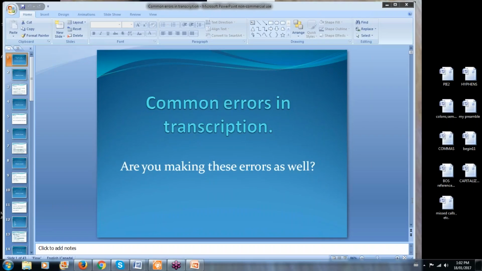So just wait a few seconds before you start typing it in, all right? So anyway, I tried to pick the most common errors that I've been seeing, okay? So anyway, let's start with the first one.